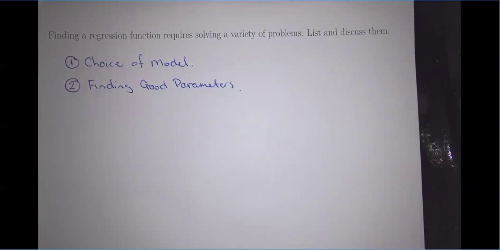So this isn't a problem particularly, but obviously we want to find the best parameters that we can. So once we've chosen the model structure, we need to determine what parameters we're going to use. And we want to find the ones that obviously make the model fit the data well. This typically means minimizing some sort of loss function or maximizing some sort of likelihood.